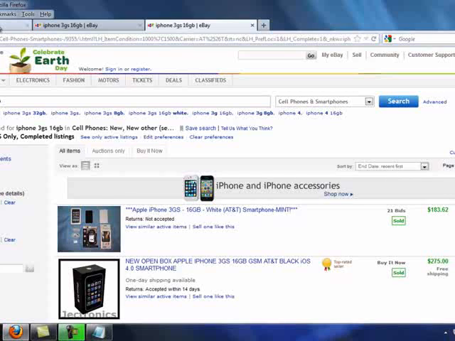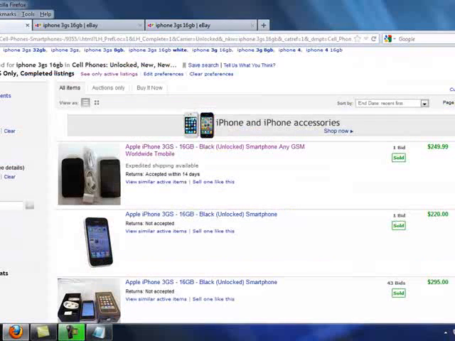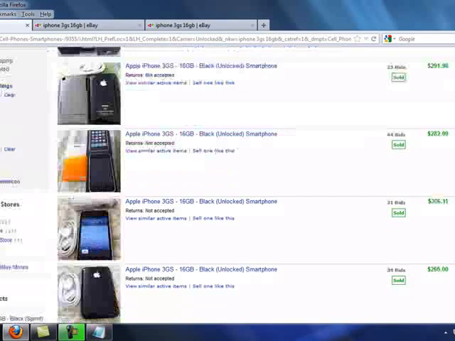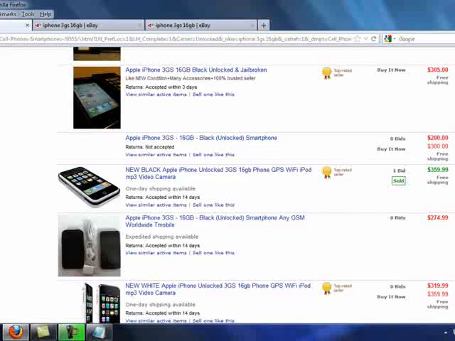So right now, this is the new unlocked and new other. And we see, if we scroll, we got 291. I went a little too fast there. Let me do it like this.